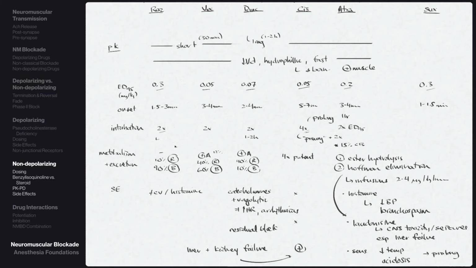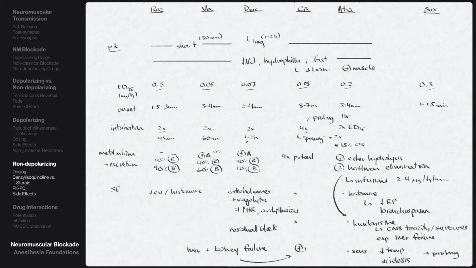Now, just to compare, rocuronium probably lasts about 30 to 45 minutes, while vecuronium is more in the range of 60 to 90 minutes. And so even though you may want to give a higher than 2 times intubating dose for vecuronium to make up for the fact that it's more potent and has a slower onset time, this makes it potentially incredibly long, even to the point of seeming like pancuronium as far as its duration of action.